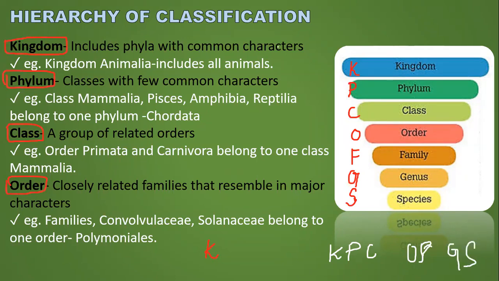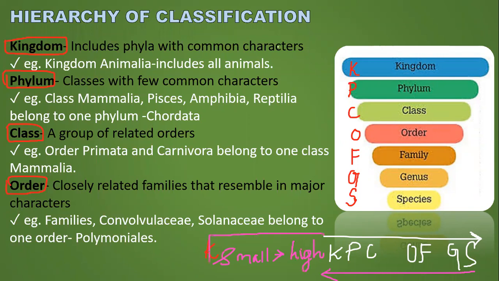So each one of you must be very well aware of the same. This is moving from the higher taxonomical category to the lower taxonomical category, whereas when you move from species to kingdom, you're moving from the smallest taxonomical category to the highest or the largest taxonomical category. This is very important. Clear?